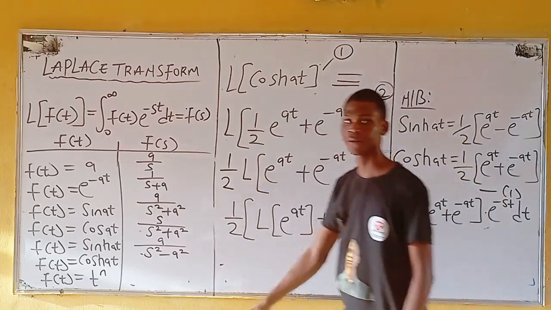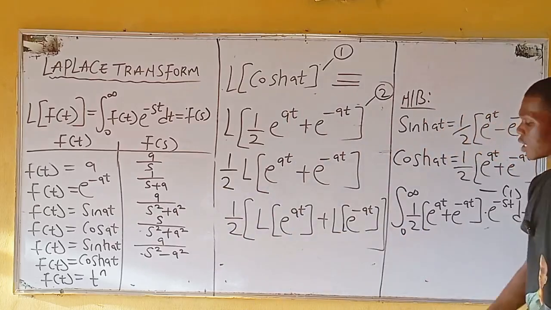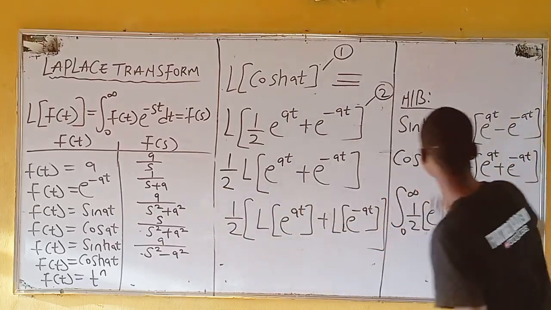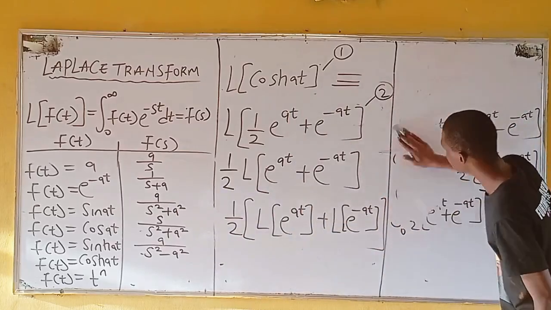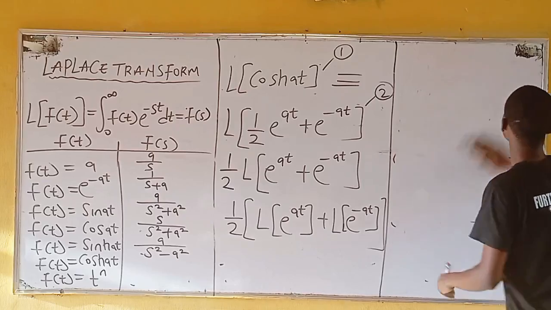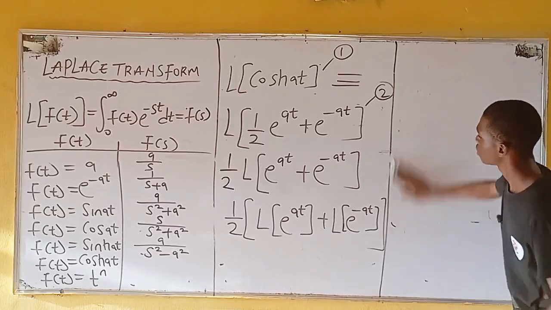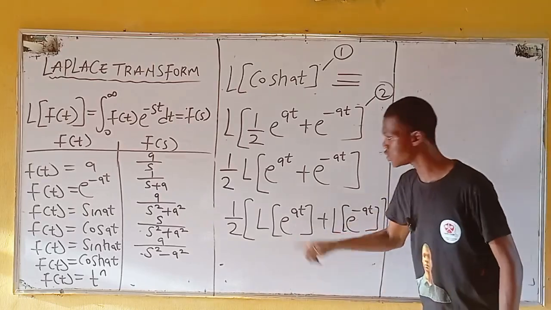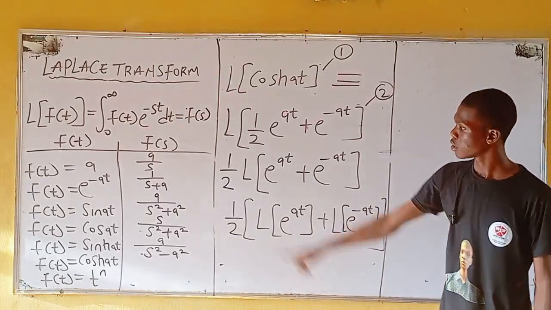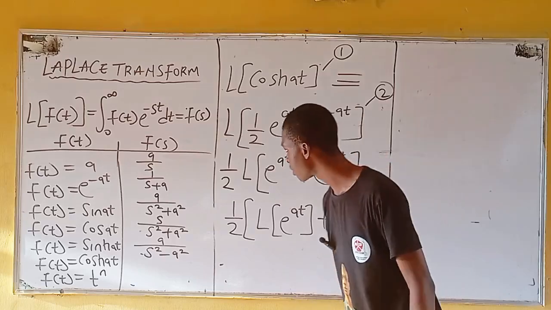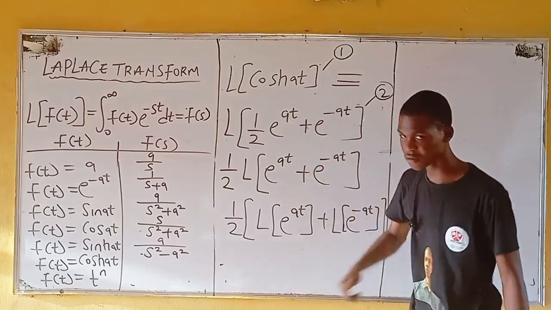Back to your table. What do you have? 1 over s minus a. That's correct.